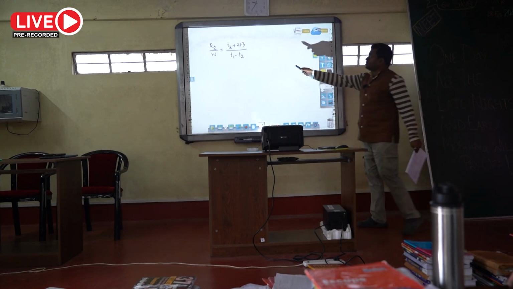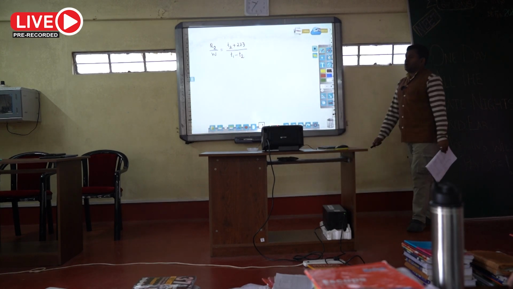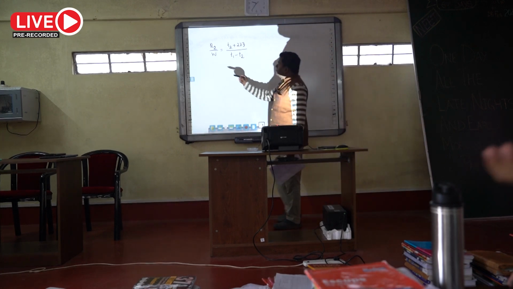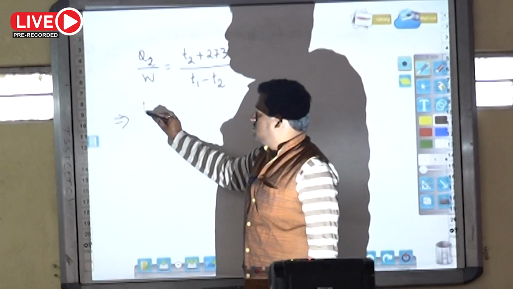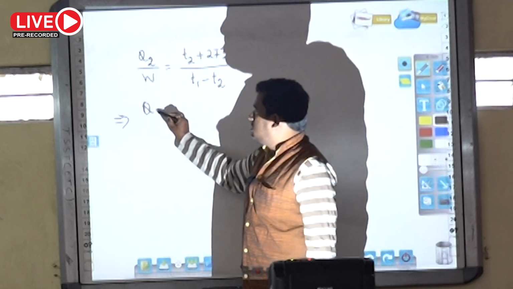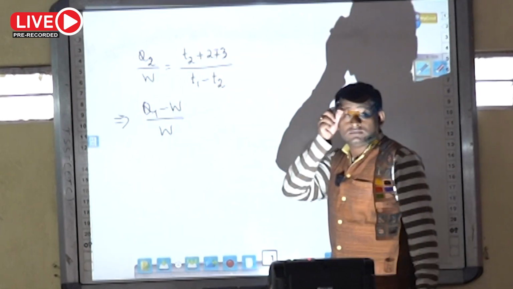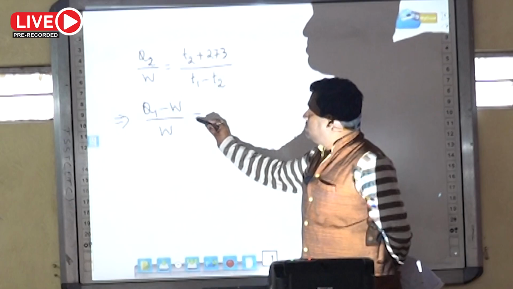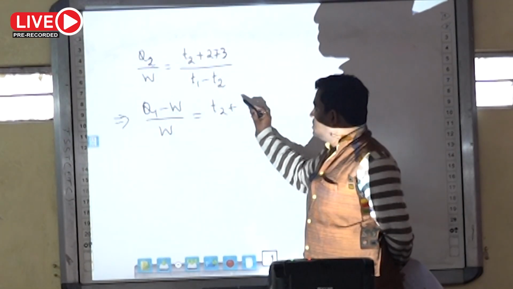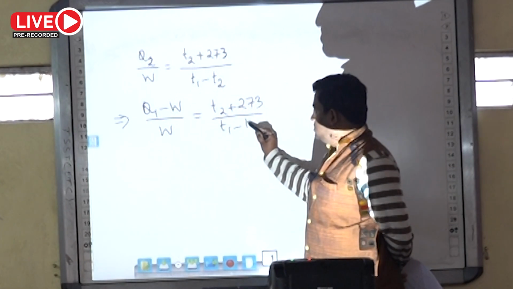But in the denominator, no such 273 is required because there is a difference, and the difference will remain the same. Now, Q2 can be written as Q1 minus W, divided by W. Q2 is Q1 minus W. Then it will become T2 plus 273 by T1 minus T2.